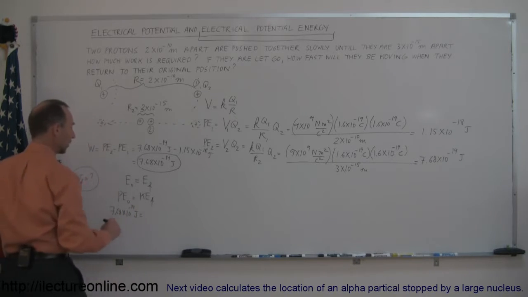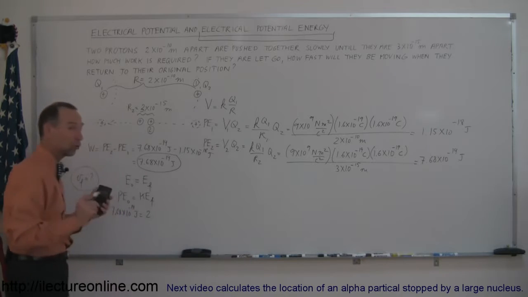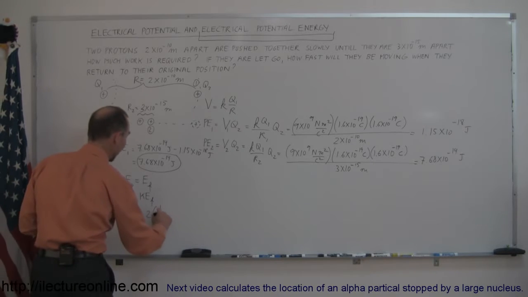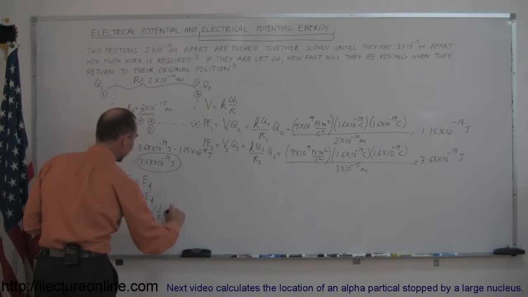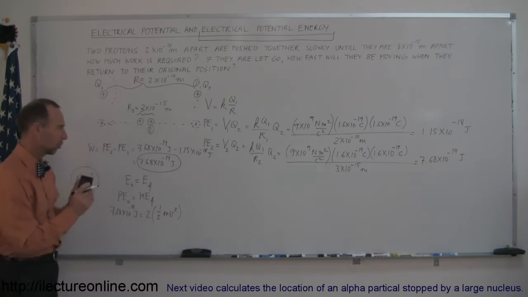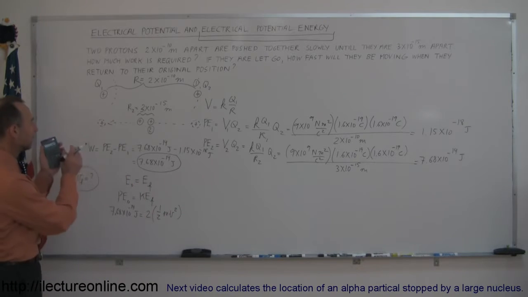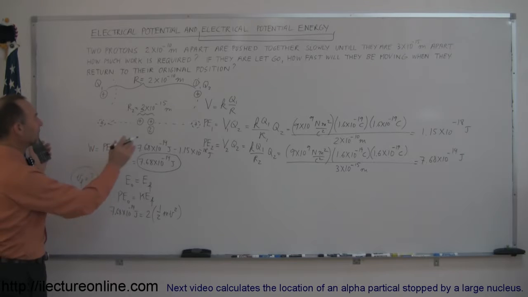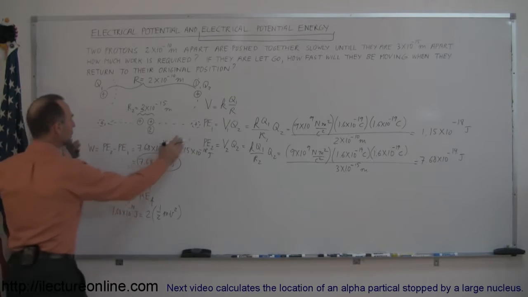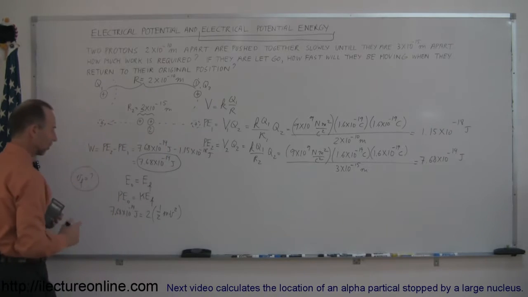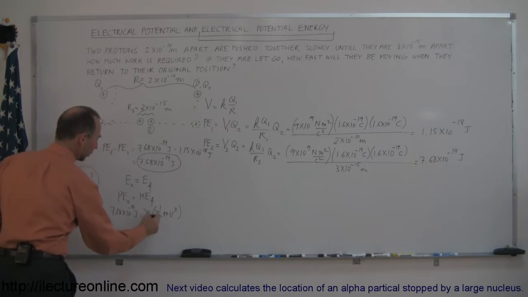And the kinetic energy final will be 2, because there's two protons, 2 times 1/2 times the mass times the velocity squared. The assumption is that there's total symmetry in the problem here, and that both of them will be moving with the same kinetic energy and the same velocity when they reach these respective positions. Now you can see that the 2 cancels out the 1/2.